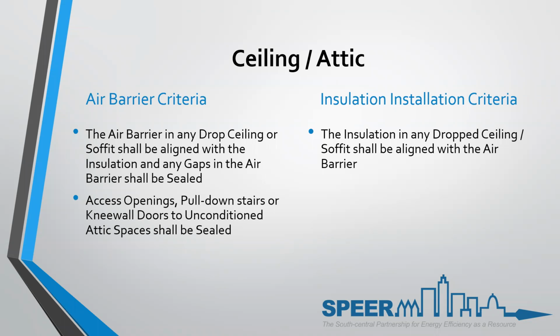So if the air barrier is the sheetrock, then the insulation must be in line with the sheetrock. If the air barrier is a scuttle hole or an attic pull down stairs, it must be aligned with that air barrier. So just because you've punched a hole in it and you've installed stairs or a scuttle hole cover, that still is your thermal envelope. That's the air barrier of the thermal envelope, and it should be insulated as such.